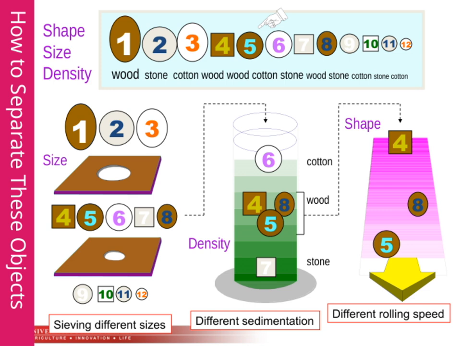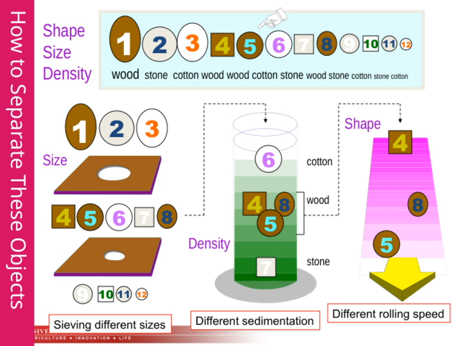Similarly, sedimentation, how quickly objects settle in a fluid, depends heavily on their density and size. Then we have sieving, which is a common method for separating particles based on size. Larger particles stay on top, while smaller ones pass through the sieve. These properties, size, density, and shape, are all crucial in choosing the right separation technique.